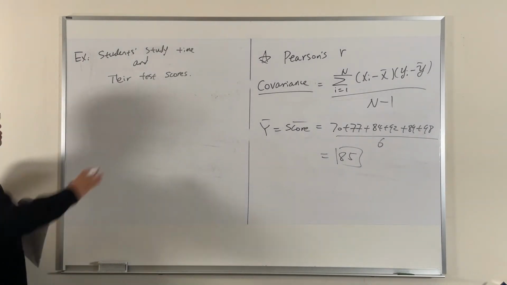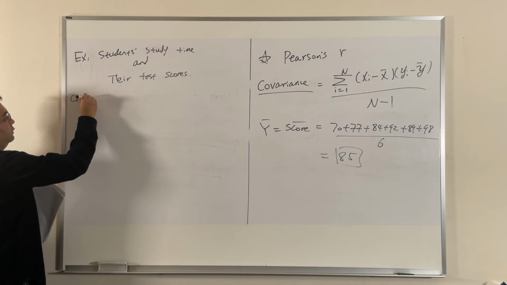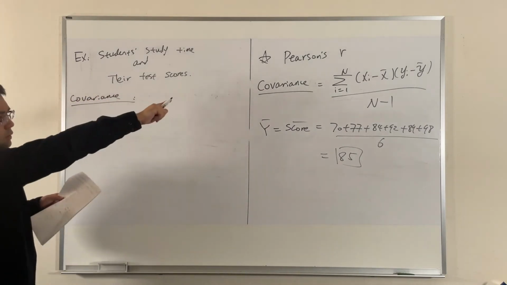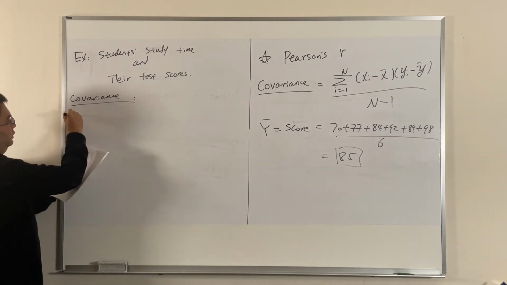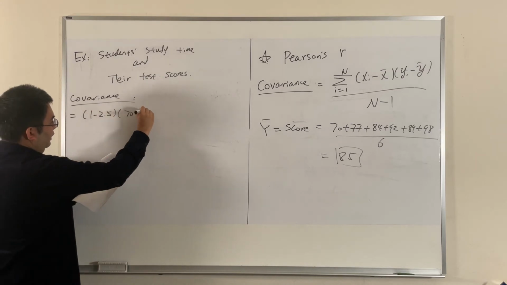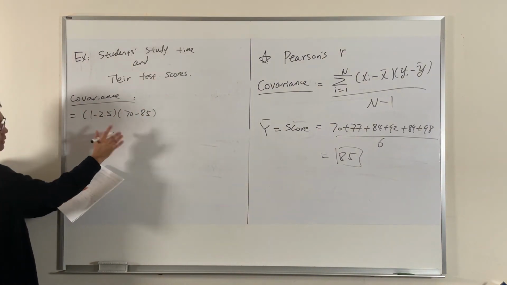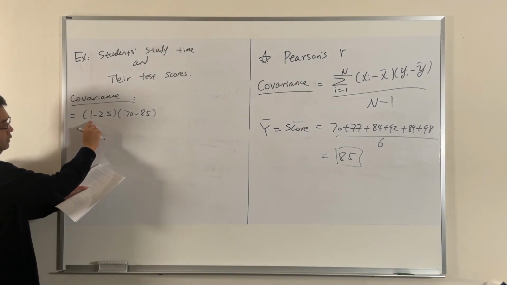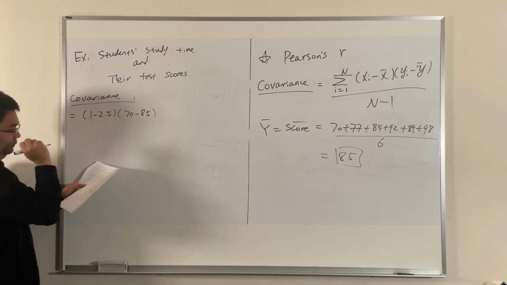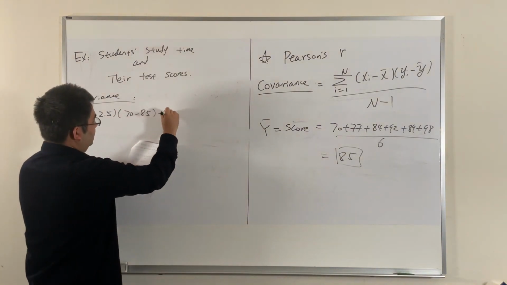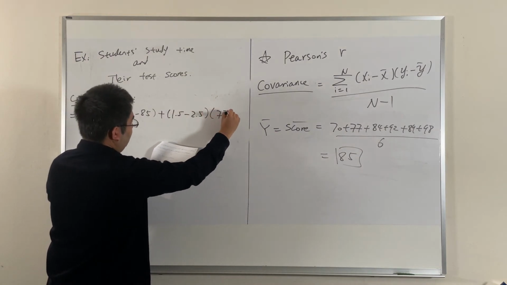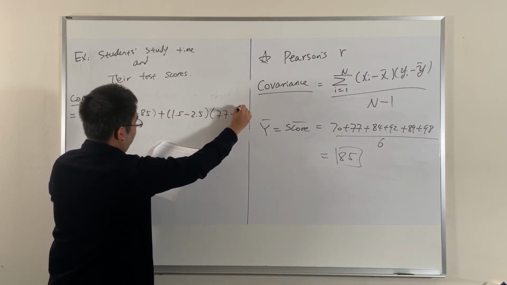Okay, cool. So covariance. We can take each data point: 1 minus 2.5, 70 minus 85. So this is the first set, right? The student studied 1 hour. Subtract the mean. You got 70 minus the mean. Plus 1.5 minus 2.5, 77 minus 85.